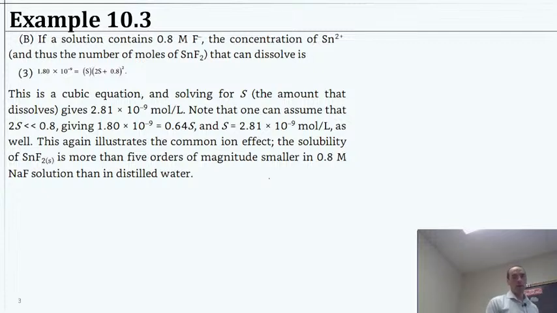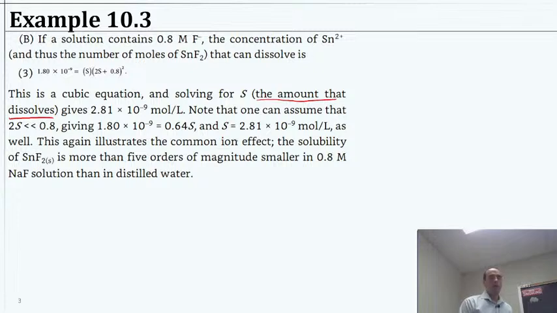Okay, so that's the next step here that the book explains. We solve for S, and of course, if I had just looked ahead a little, we could have clarified that a little easier. S is the amount that dissolves. And it's noting that we can assume that 2S is a lot smaller than 0.8, so that gives us these values.